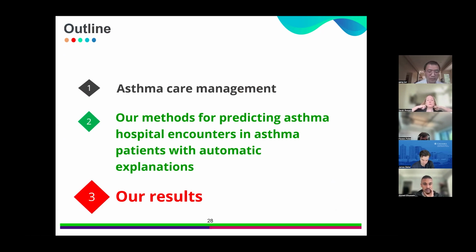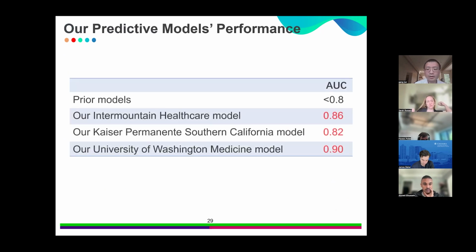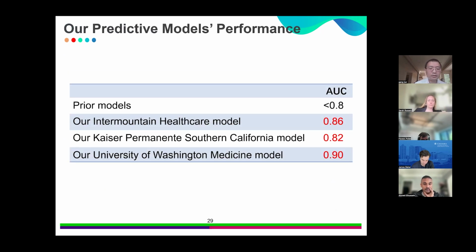Now let me show the performance results. For the previous model, the AUC, area under the receiver operating characteristic curve, is never greater than 0.8. And we have 3 different data sets, one from Intermountain Healthcare, which is the largest healthcare system in Utah.